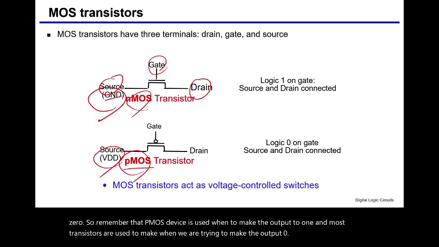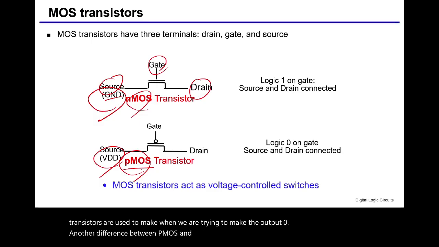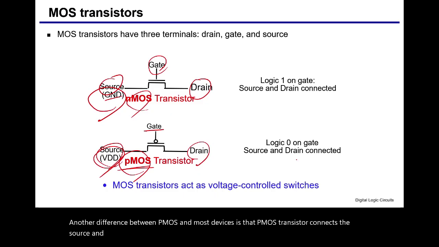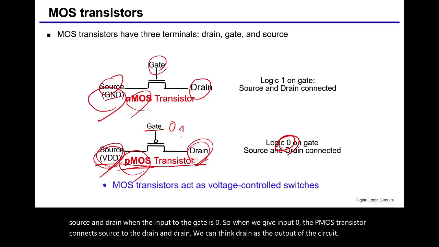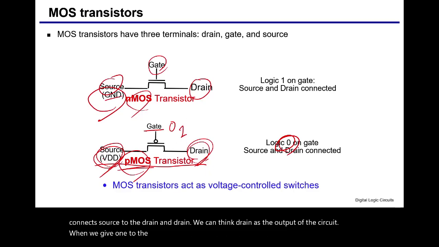Another difference between PMOS and NMOS devices is that the PMOS transistor connects the source and drain when the input to the gate is 0. So when we give input 0, the PMOS transistor connects source to the drain, and we can think of the drain as the output of the circuit. And when we give 1 to the gate, then source and drain become disconnected.